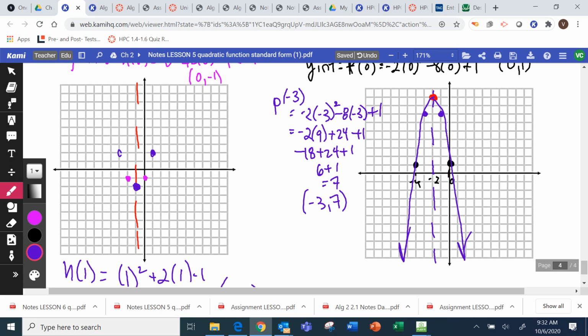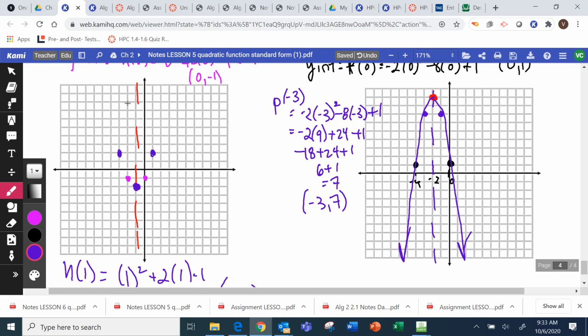And from that, we can get a mirror point. Something you might notice is that there is not a stretch on this. There wasn't an a value in front. So this equation, and you can notice by looking at the points, is like the normal parent function that was translated.